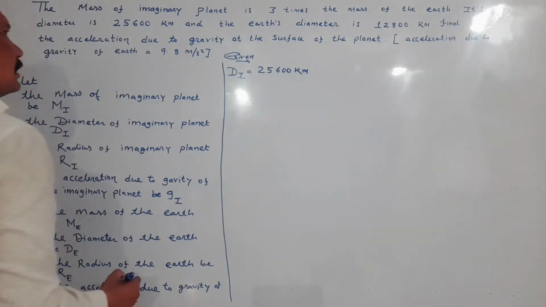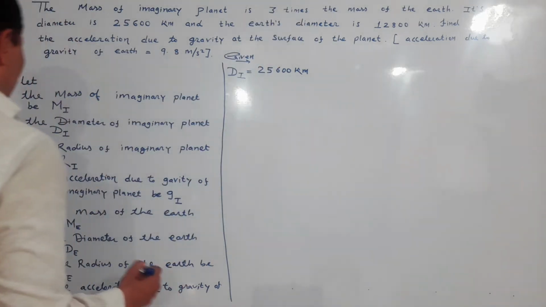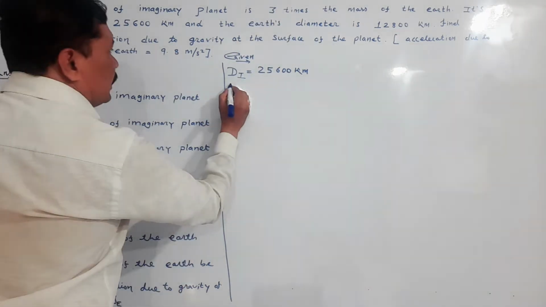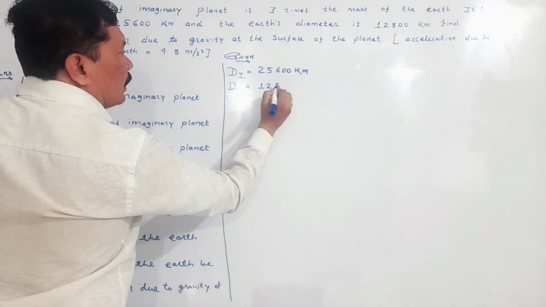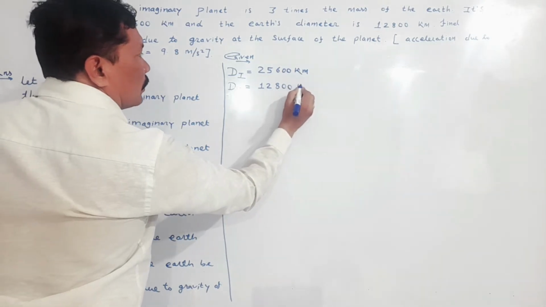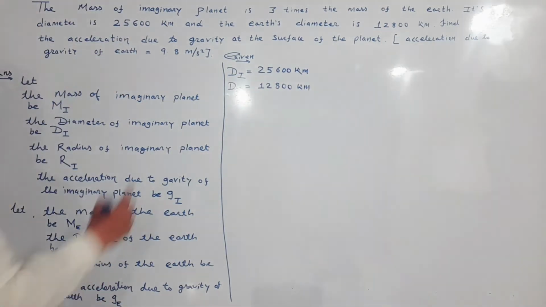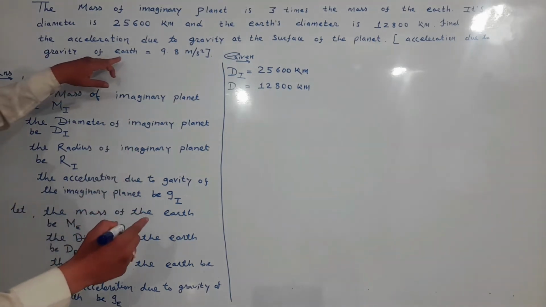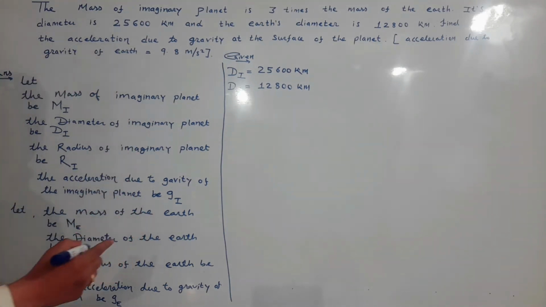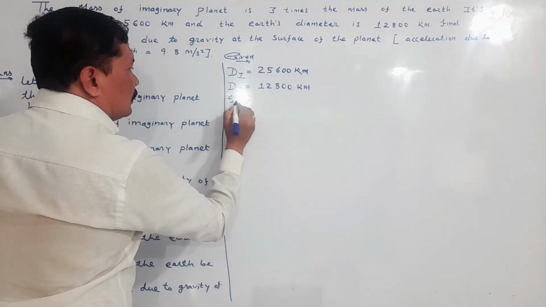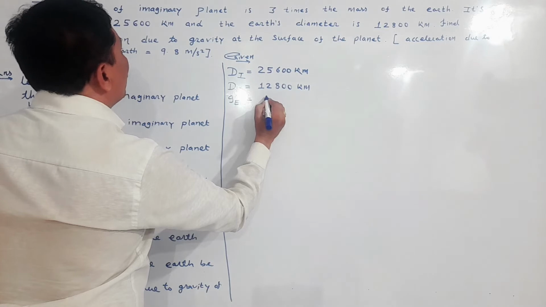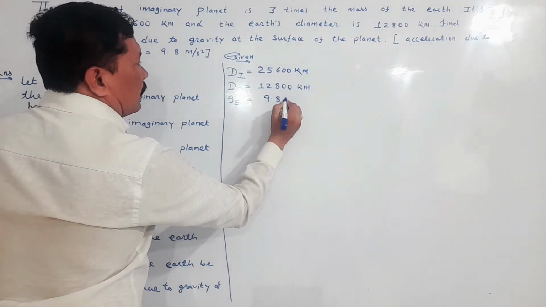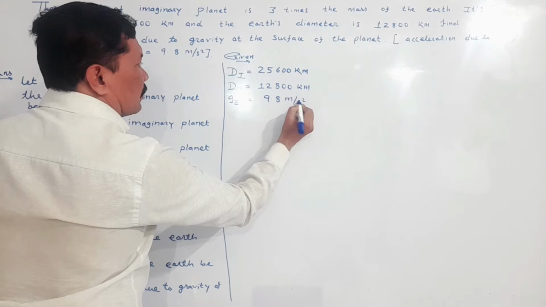The Earth's diameter is given to us, and here De is also given to us, and it is 12800 kilometer. Acceleration due to gravity of Earth, that is Ge, is given to us, and it is 9.8 meter per second square.